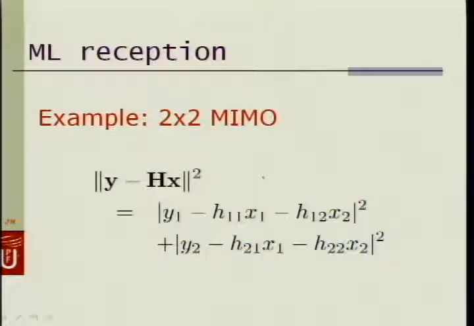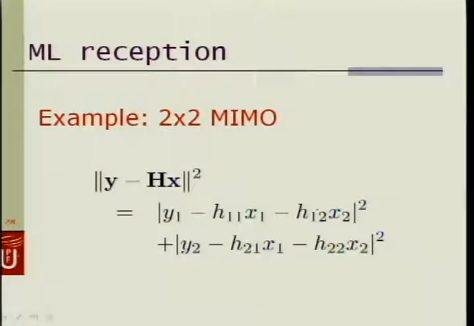Let me show you a simple example for a 2 by 2 system. This is the value of the distance, so we have to compute all possible values of the distance for all possible values of x1 and x2. And notice that if we are not using the Alamouti scheme, x1 and x2 are not separated.